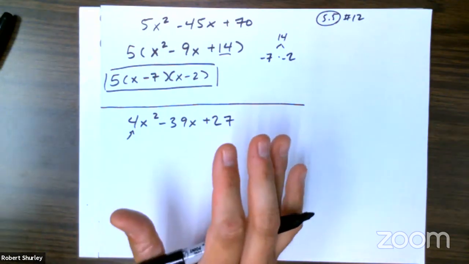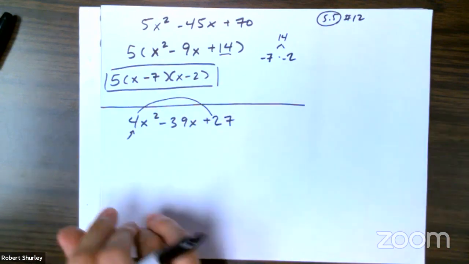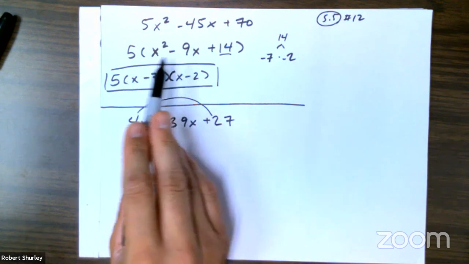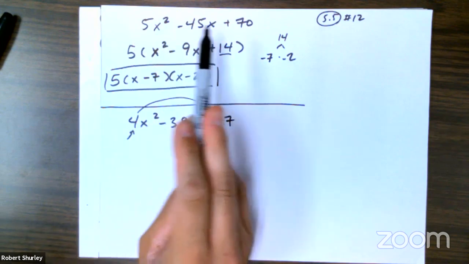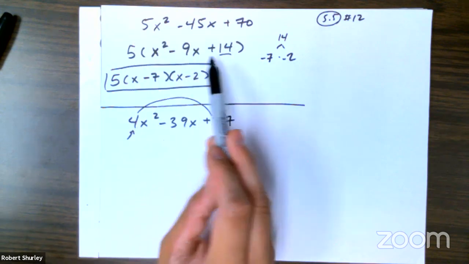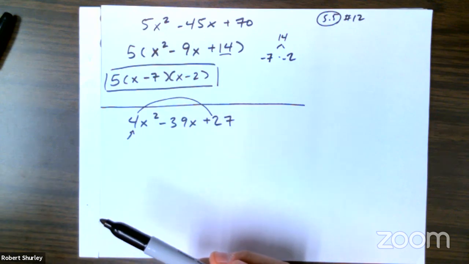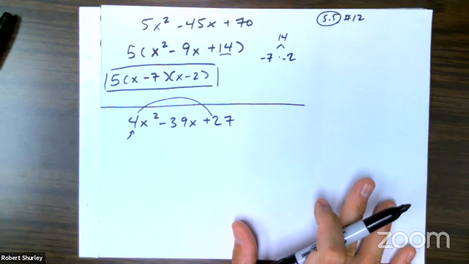I'm not going to do the AC method on this one, but just know you'd have to do the 4 times the 27 and work it all the way out with factor by grouping, okay? So I couldn't do the easy method on this one because that 4 is stuck there. Now up here though, I could factor the 5 out, boom, left me with a nice trinomial with a 1 in front of the squared term, square variable, I should say. Okay, any questions, comments, concerns?